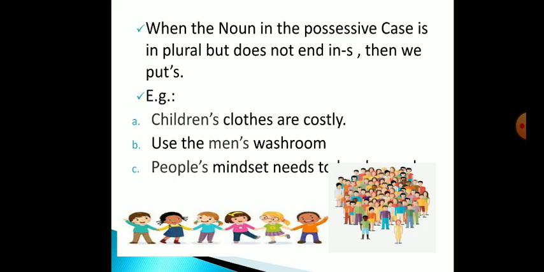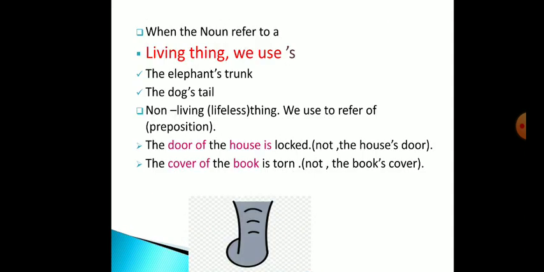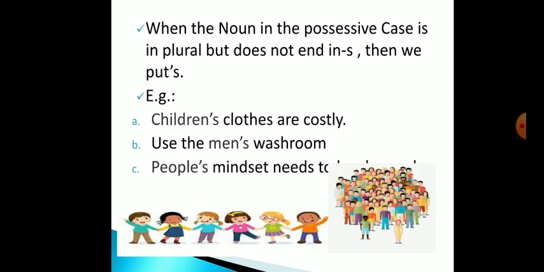Use the men's washroom. Here men's, man, woman. We are talking about men's. People's mindset needs to be changed.